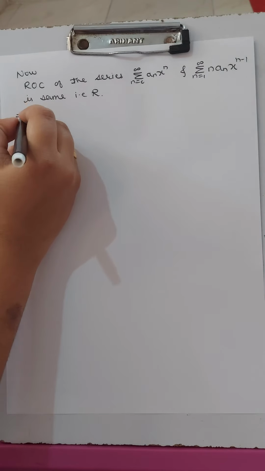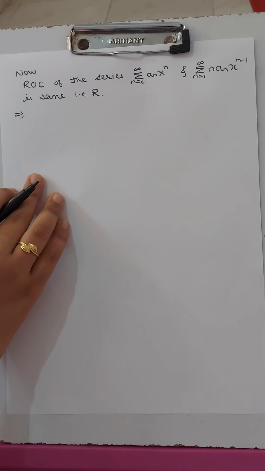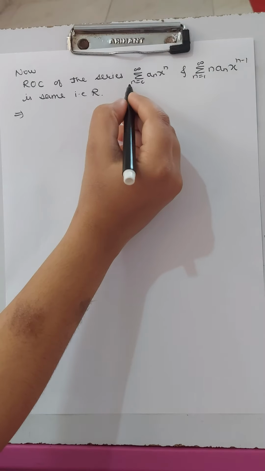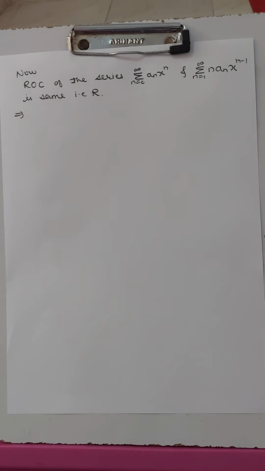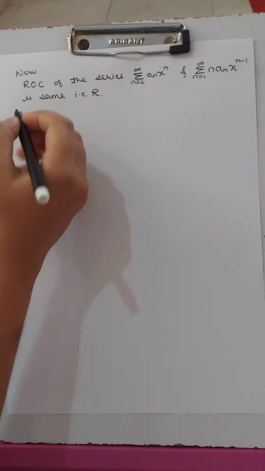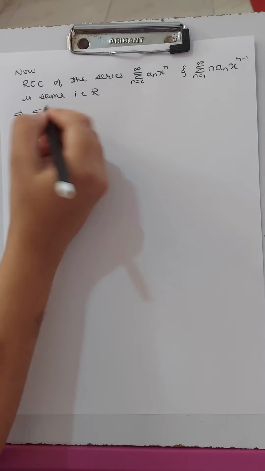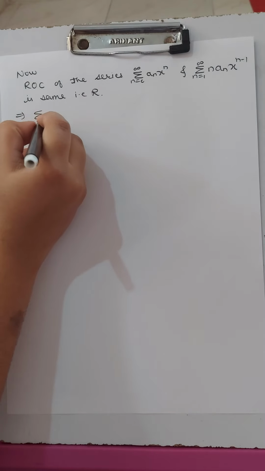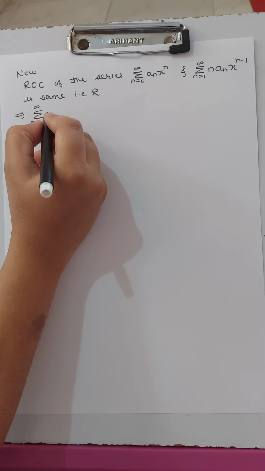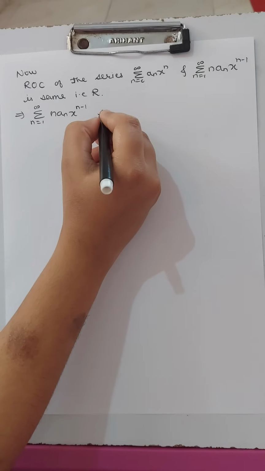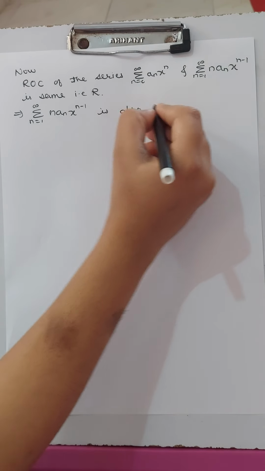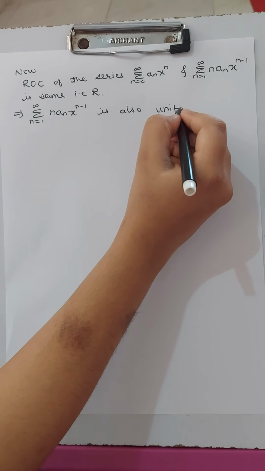So for mod x less than r, we know that this series is uniformly convergent in the interval minus r plus epsilon to r plus epsilon, as we have proved in the first part of this theorem. So this implies that the series summation n from 1 to infinity n a n x to the power n minus 1 is also uniformly convergent.